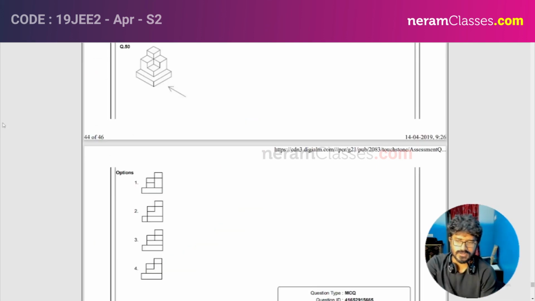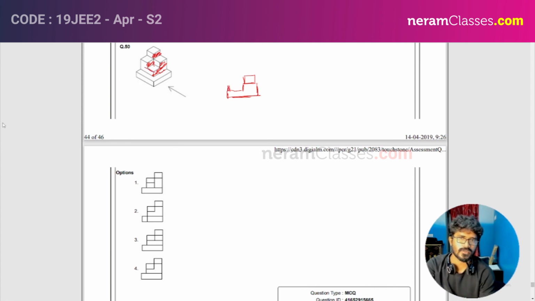Question number 50 is we need to find out the correct elevation for this given 3D geometry based on the direction of the arrow. So now I'll try to draw this 3D geometry here. So this is the shape, and there is this shape which will be coming like this, and there is this shape which will be of this length.